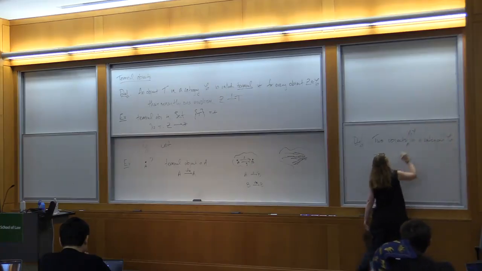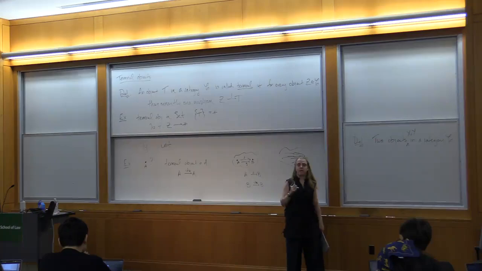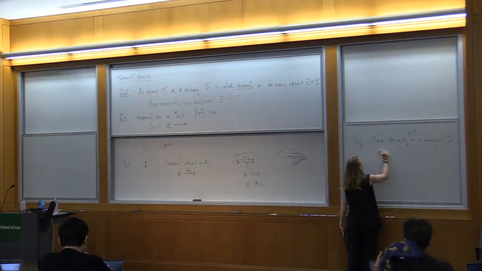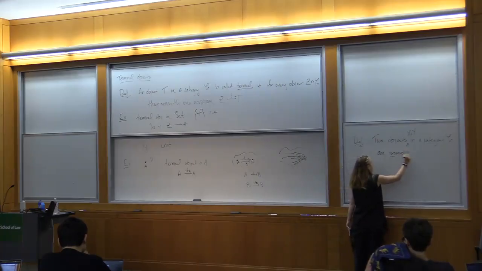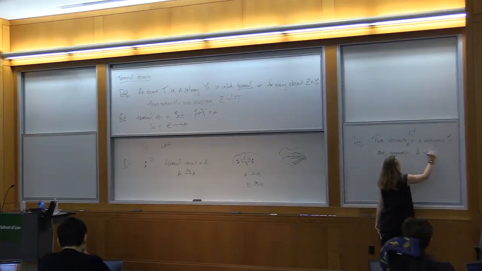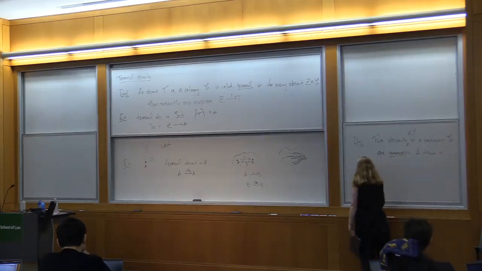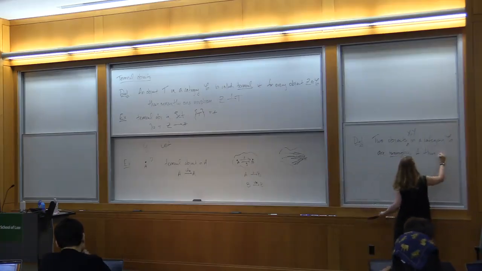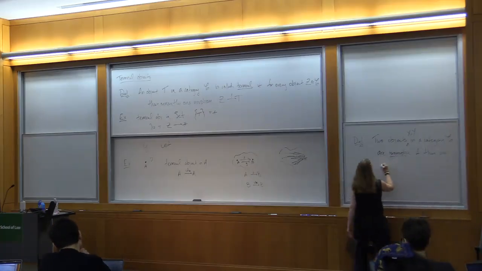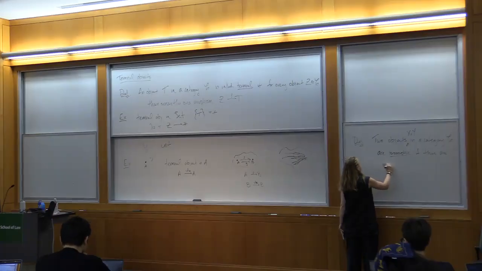Let's say X and Y, two objects X and Y in the category C are isomorphic if there are maps, I'm going to give the definition slightly differently in my notes.